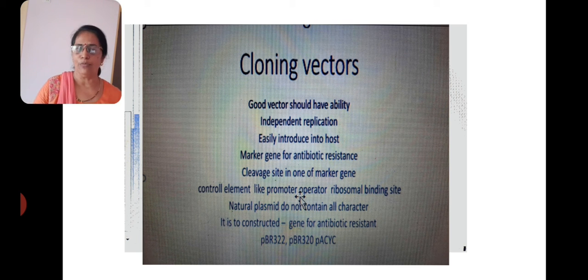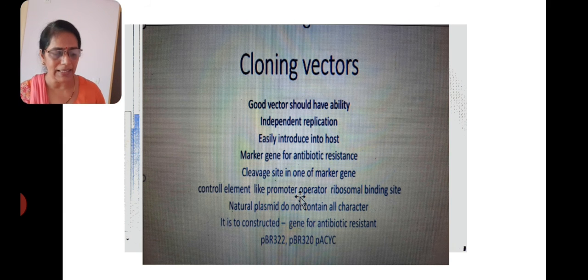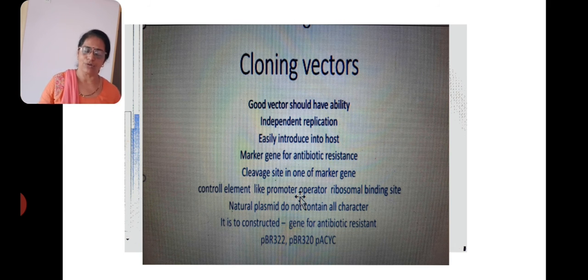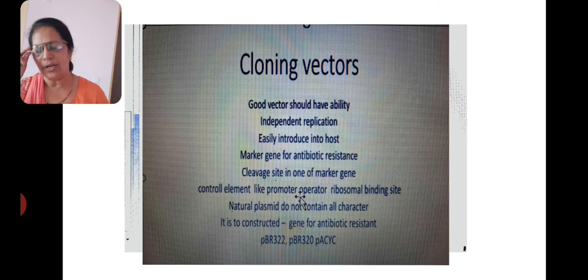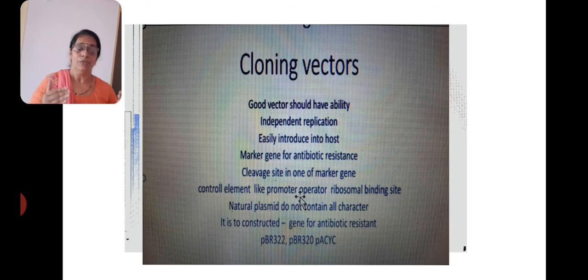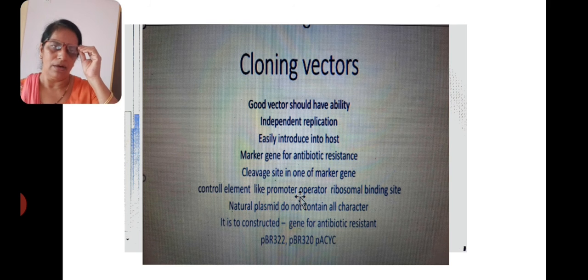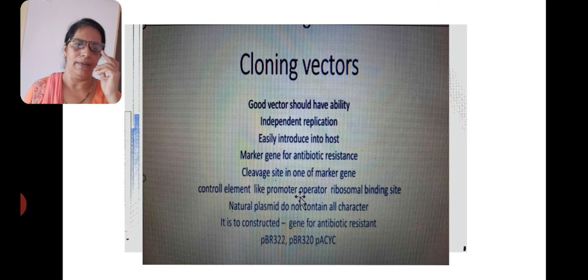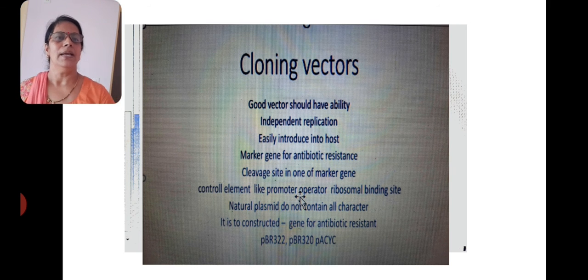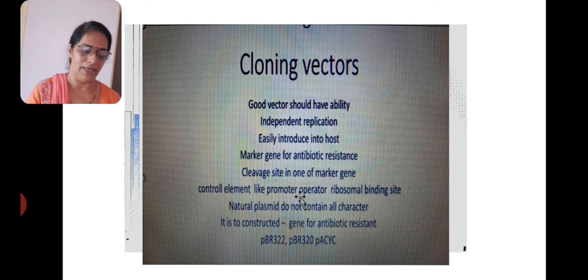So first of all, what is the meaning of vector? The vector means the DNA which has the ability to carry the foreign gene. So it should have different characteristics. A good vector has different abilities. The first is independent replication capacity.